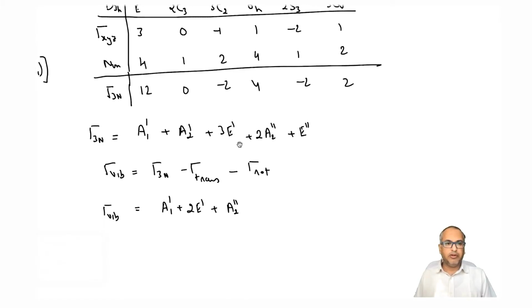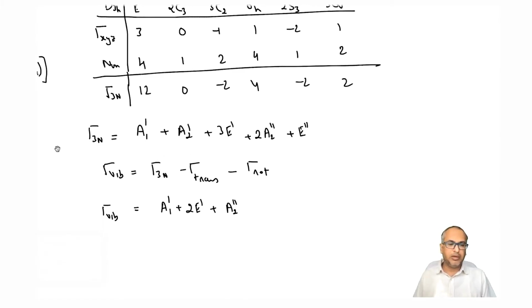Now what we have to do is use internal coordinates to help visualize this. So let's start with the change in bond length. So we have N, O, O, O. We have delta R1, delta R2, delta R3.